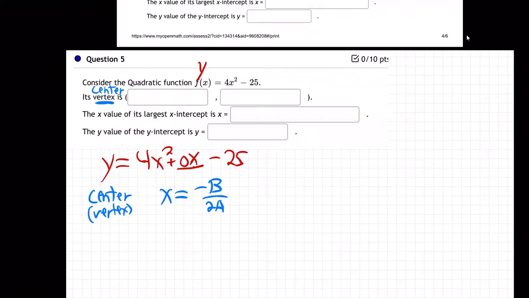But my point is I want you to see that the A is 4 and the B is 0. It's not the 25 or the negative 25. That's actually C, in the ABC, because they're missing the middle term on this. The middle term is regular x, and that's missing. You don't have to write in a 0x. You can just say, hey, the B is 0, and that's all good.